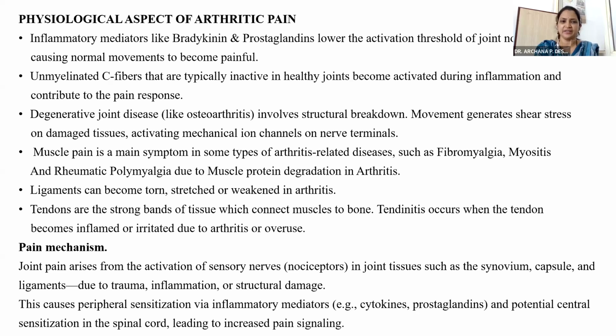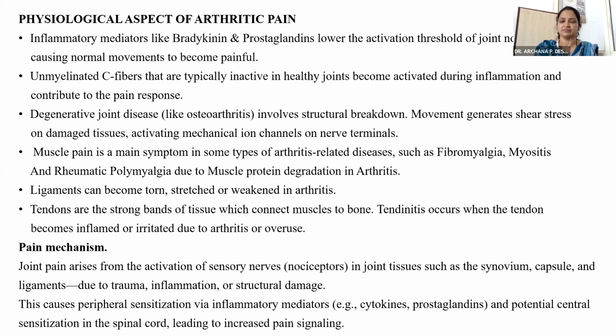In the ligaments and tendons, wear and tear occurs, and tendinitis occurs where the tendons become inflamed. This occurs due to overuse and arthritis. Usually joint pain arises through the sensory nerve. In the physiology of the pain pathway, the sensory nerves are involved through the nociceptors, which cause damage to the joint tissues.